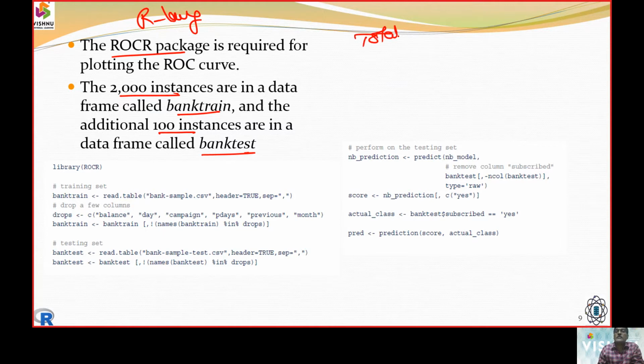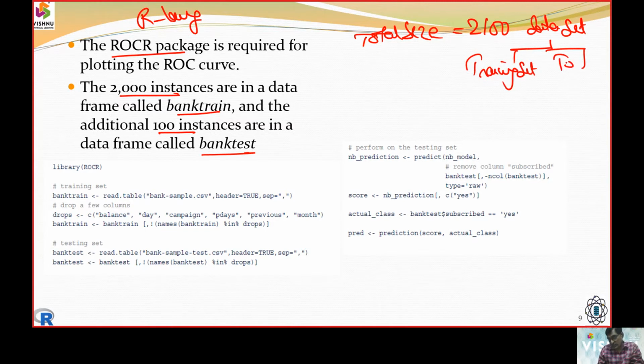So the total size is 2100, and this data set is divided into two parts: one we call the training set, another the testing set. So 2000 instances go in the training set and 100 instances go in the testing set. Now I want to draw a receiver operating characteristic curve.